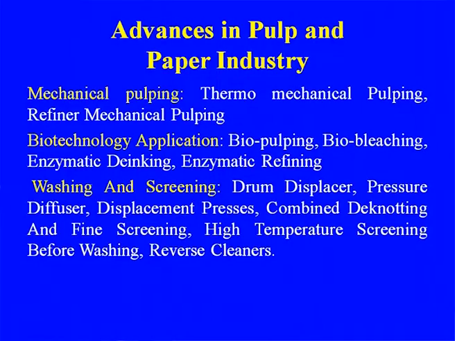Another advance, as I told, in case of mechanical pulping, now we are also adding chemical. Biotechnology application has come in a big way in the paper industry also, in the form of biopulping, biobleaching, enzymatic de-inking, and enzymatic refining, during the refining stage also we are using it.